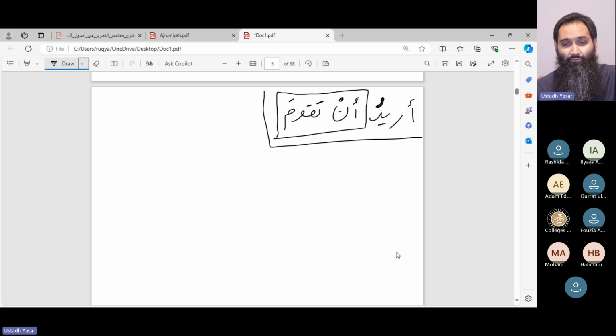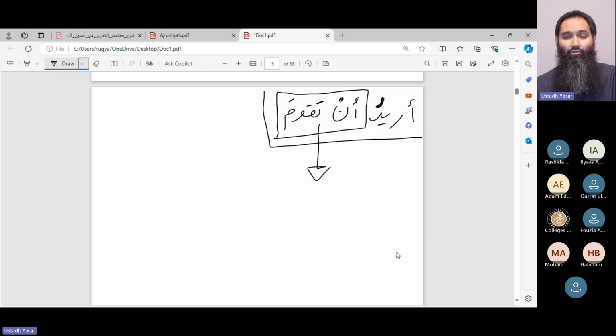It means, so look, harfu masdar, masdar. Obviously, you know masdar. What happens is you take an, and you take the fi'l al-mudari that comes after an, and you change it into the masdar of this fi'l. Simple. There's nothing more to it.